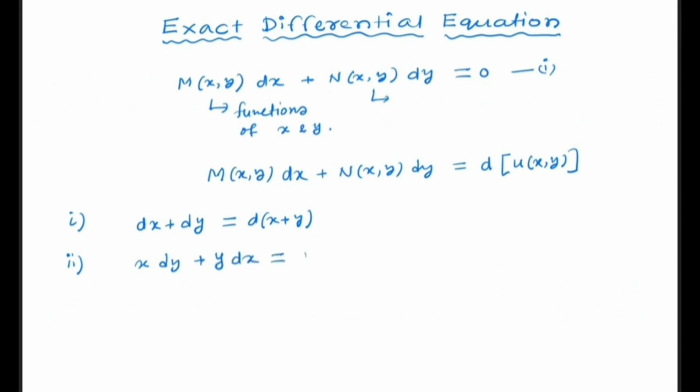This can be written as the differential of xy, because by the product rule, the derivative of xy is x times the differential of y plus y times the differential of x, which is x dy + y dx.